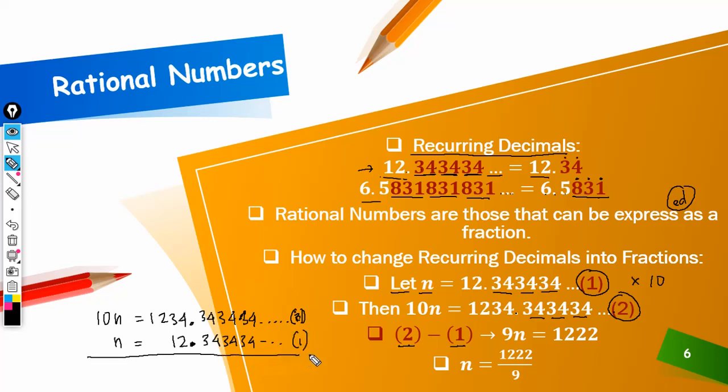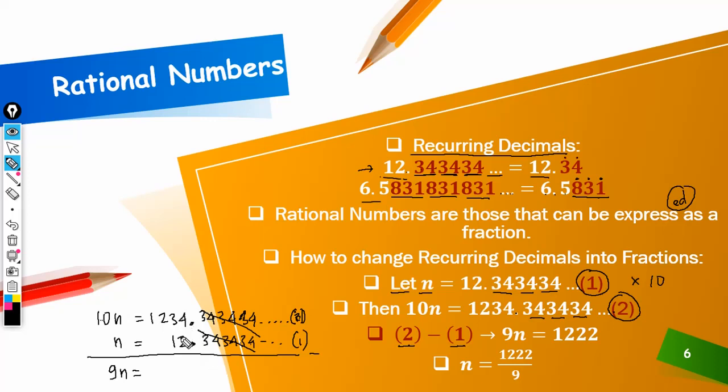Kita kurangi ya. So 10n minus n, jadi 10n dikurangi 1n, so we only have 9n. And then for subtraction, we subtract from the end. So 4 kurang 4 is 0, so this is cancelled. Jadi ini dikurangi, yang di bawah jadi 0 semua ya.